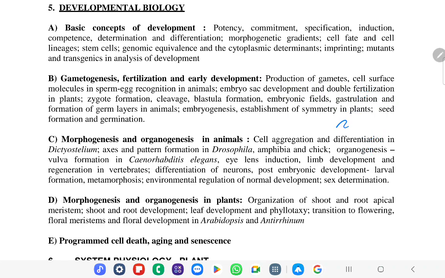So this fifth unit consists of 5 subtopics.